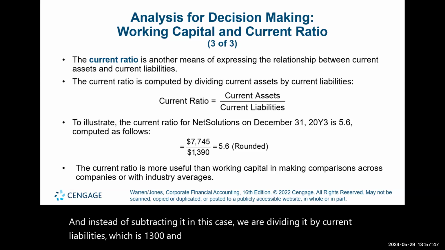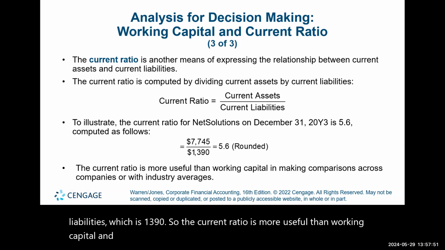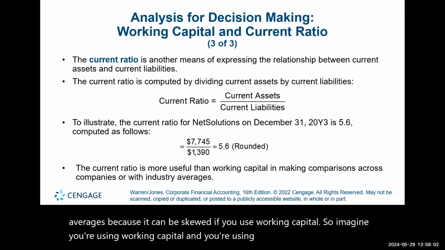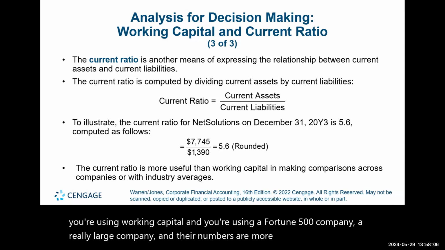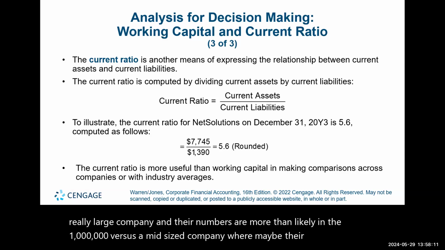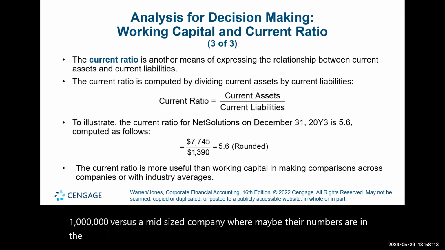The current ratio is more useful than working capital in making comparisons against other companies or with industry averages because working capital can be skewed. Imagine you're using working capital with a Fortune 500 company, whose numbers are more than likely in the millions, versus a mid-sized company whose numbers may be around 100,000.